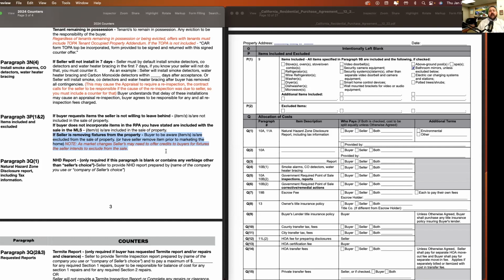If our market ever changes, or I should say not if, when our market changes to a buyer's market as opposed to a seller's market, if you're going to exclude some items from the sale, if it's something that the seller is adamant that they want, you're probably going to have to compensate or replace prior to marketing. So you either say, hey, I'm not going to replace it, but I'll market it and I'll pay you a credit of X because I'm taking it. I'm basically buying it from you. Or I can just replace it altogether prior to me showing it to any buyers.